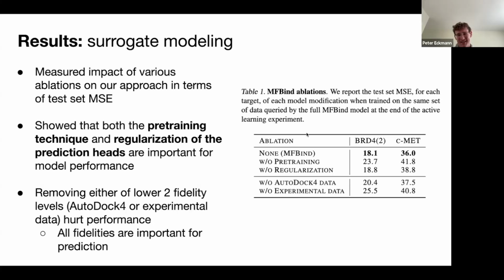That's a good question. We looked at the Tanimoto similarity between the generated compounds and the experimental data, and they're relatively dissimilar. The Tanimotos are less than 0.3 or so. But that's absolutely something that's important.